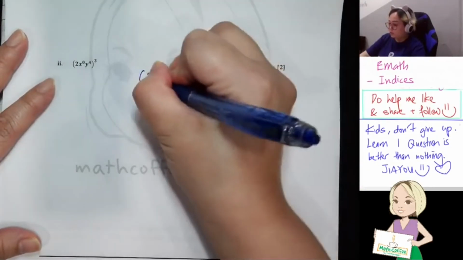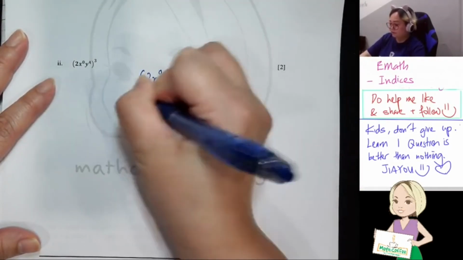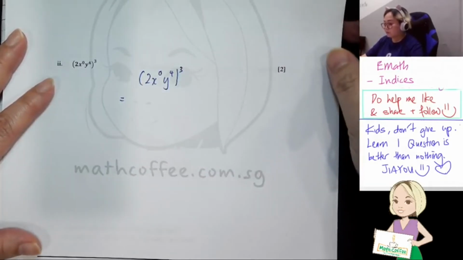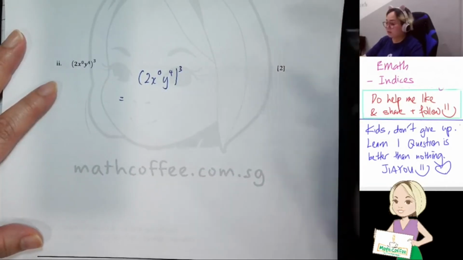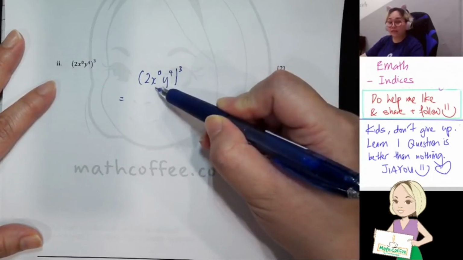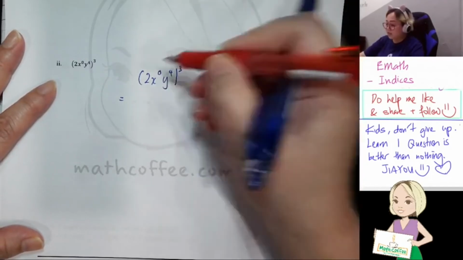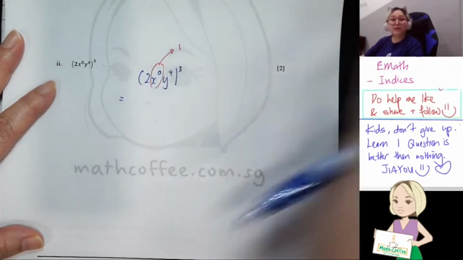This one: 2x to the power of 0, y to the power of 4, all to the power of 3. First, remember anything to the power of 0 is 1. Take note that the power 0 only belongs to the x, so only x to the power of 0 is 1.